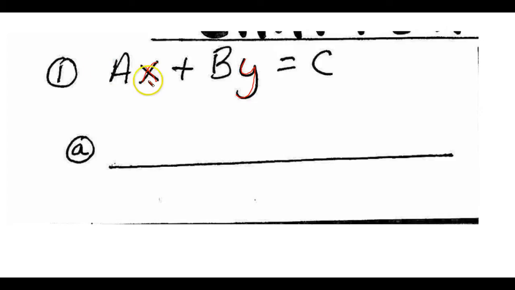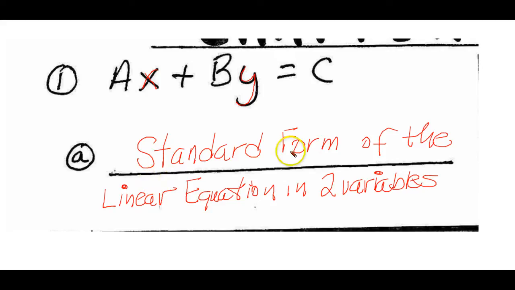So our first question is, what is the official name of this formula? And we want you to write it here for letter A. We'll give you a chance. And it's the standard form of the linear equation in two variables. And that's what you should put for letter A, or you can just put standard form.